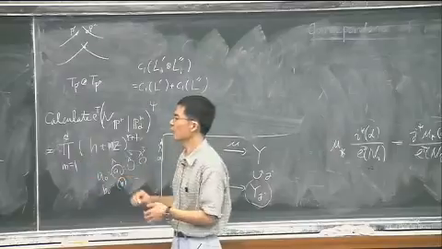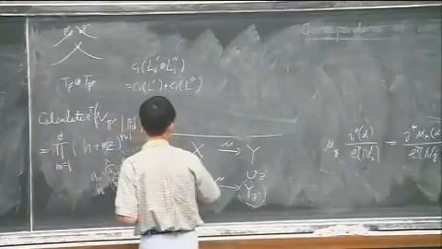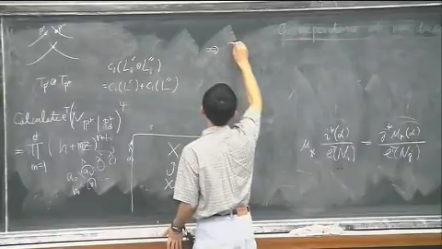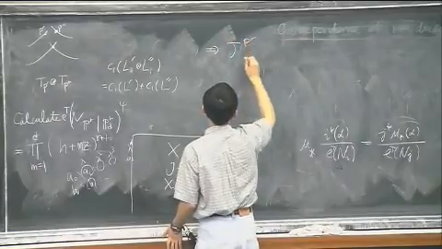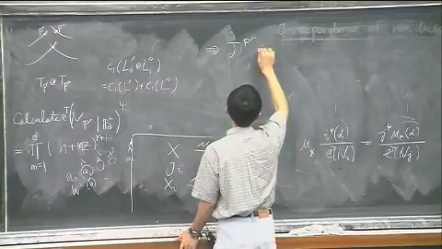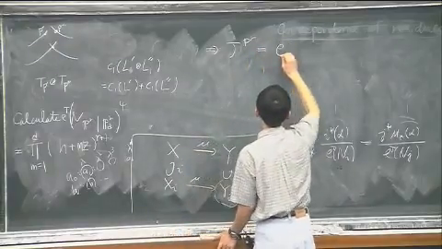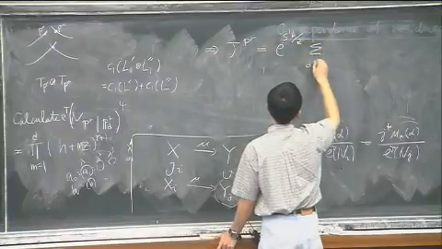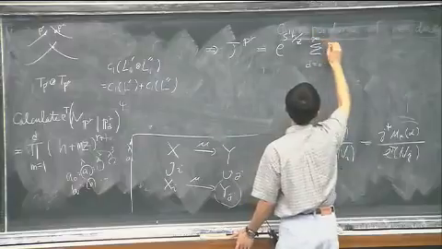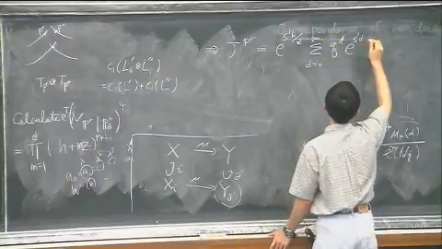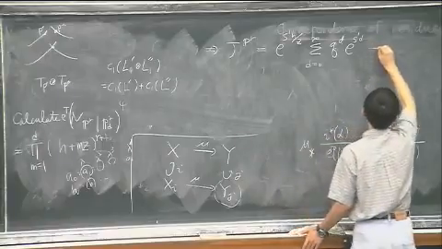So there you have it, the J function of that. So now the conclusion here is that the J function of projective space is going to be this.